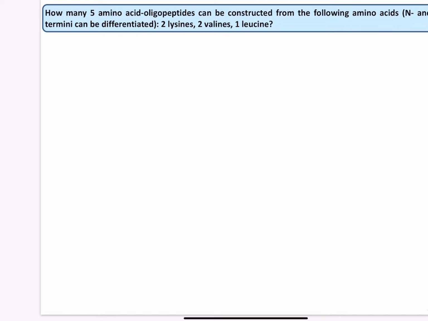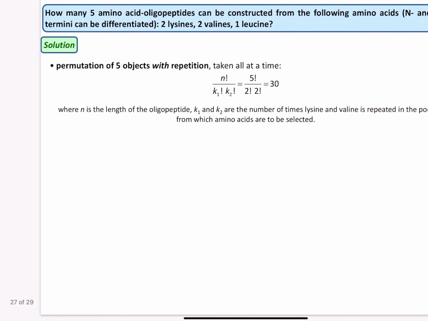So we have two lysines, two valines, and one leucine. I have two, two, and one.